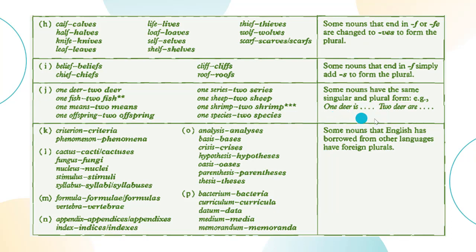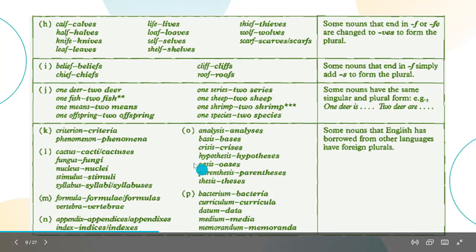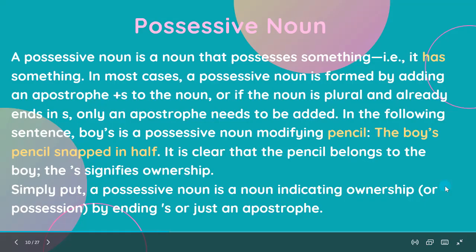For example, one deer and two deer is the same, as I have shown you before. And then some nouns that English has borrowed from other languages have foreign plurals. Most of these are from another foreign language.